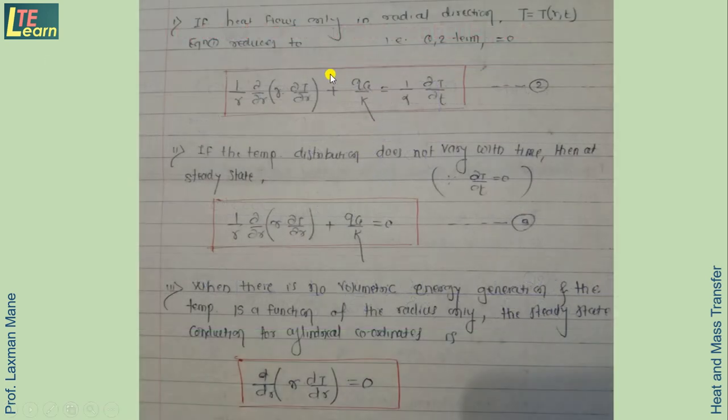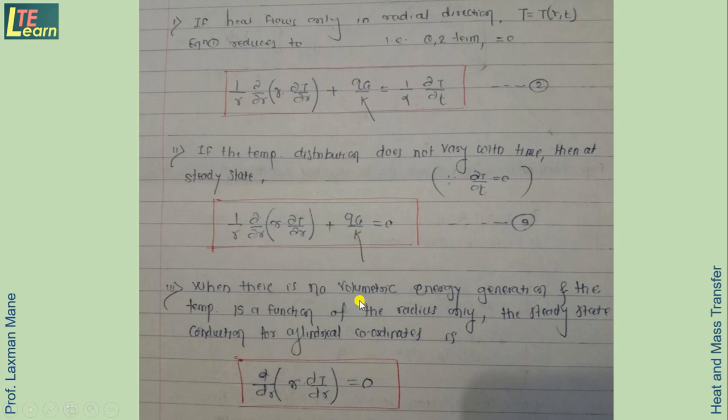In this case also, if heat flows only in the radial direction, the theta and z terms will be 0, and we will find equation number 2. If we consider steady state, meaning del T by del t is equal to 0, then the right-side term will become 0 and the above equation will be simplified.